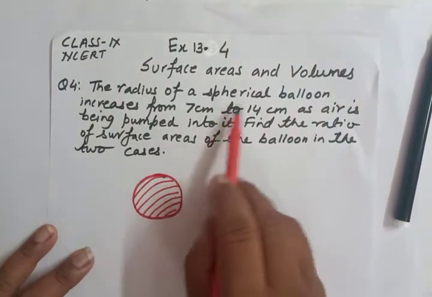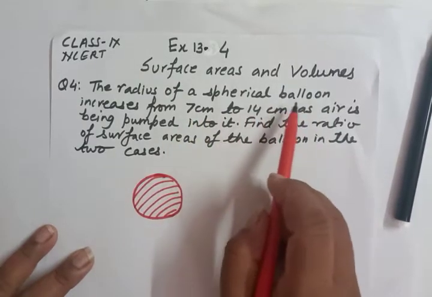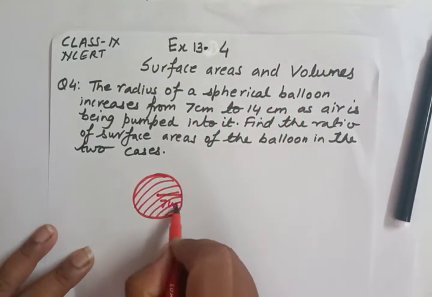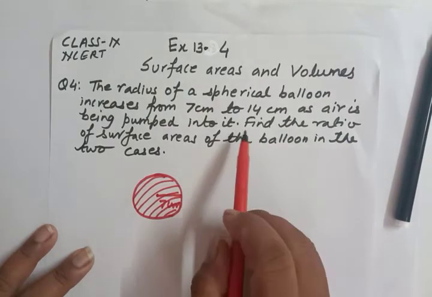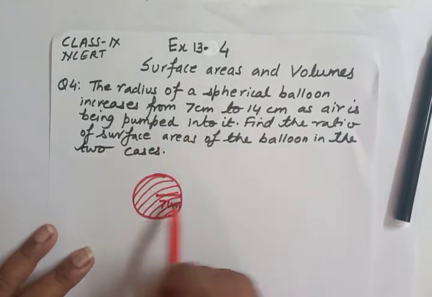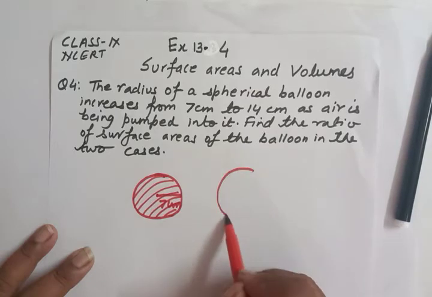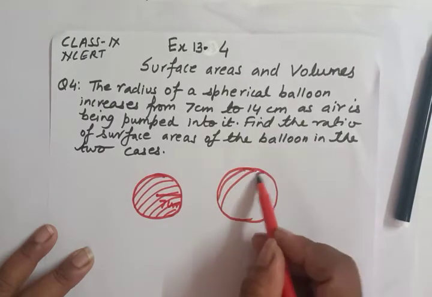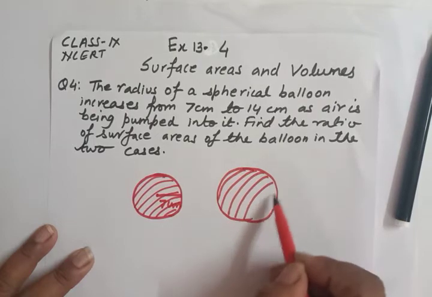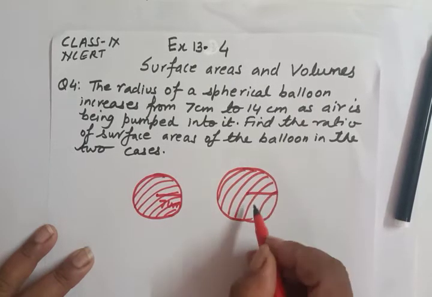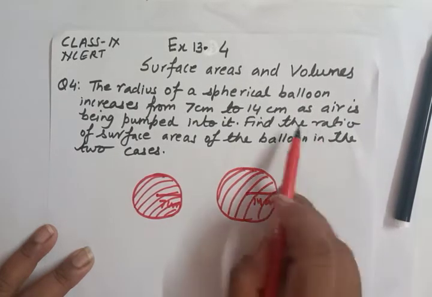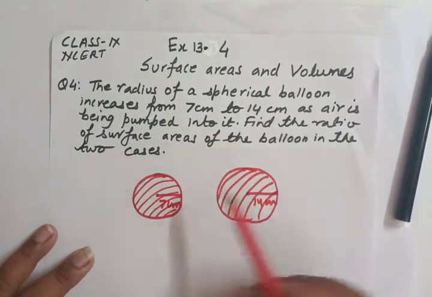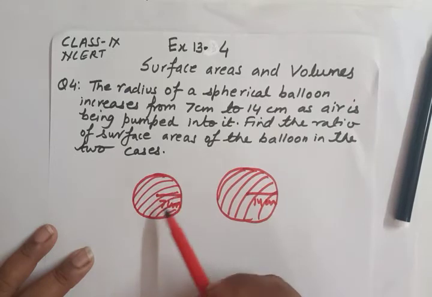So when we have a balloon, according to the question, we have a balloon having radius 7 cm, and the radius increases and converts to 14 cm as air is being pumped into it. We have all seen balloons.